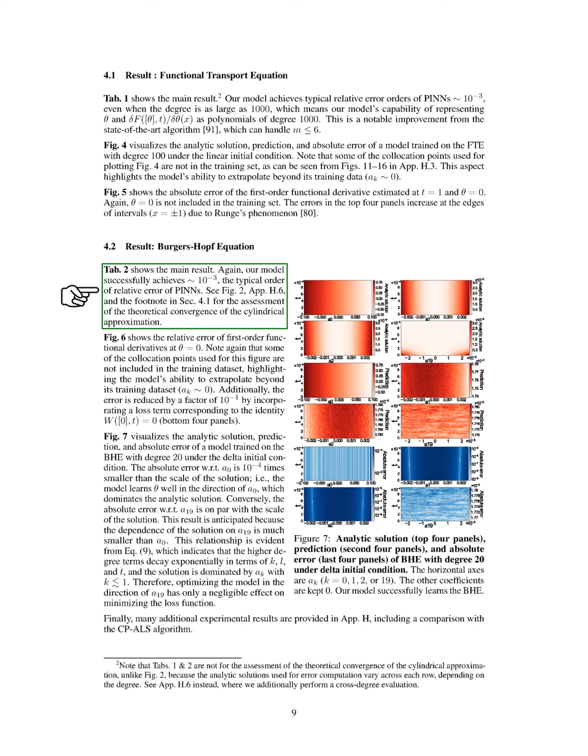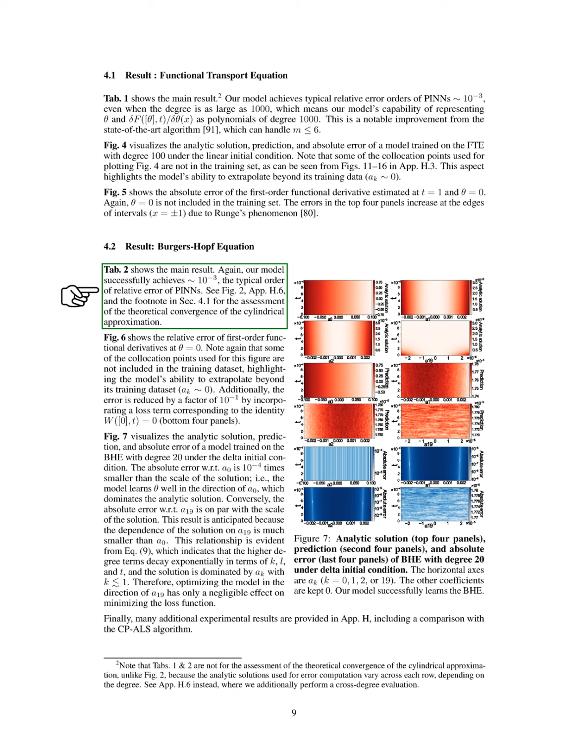One figure shows the relative error of the first-order functional derivatives when the angle is 0. Notably, some of the points used in this figure were not part of the training dataset, demonstrating our model's ability to make predictions beyond its training data. We also find that by adding a loss term that enforces the condition that the function equals 0 at the origin, we can reduce the error by a factor of 10.